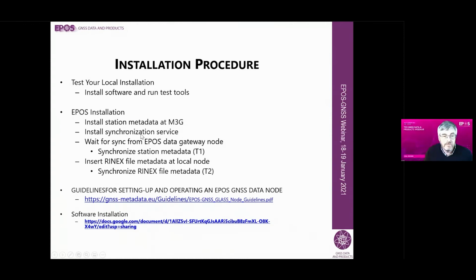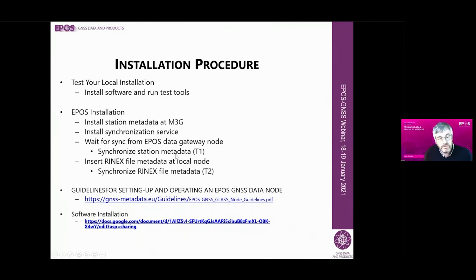Afterwards, you can install your station metadata at M3G, install the synchronization service and triggers, and wait for synchronization from the EPOS data gateway after signing the EPOS node letters and supplying the relevant technical details.